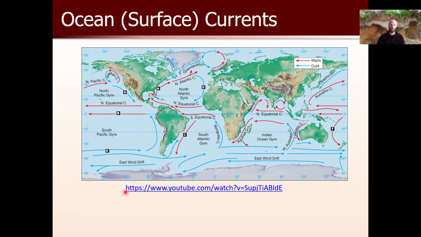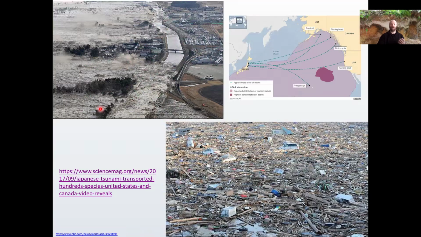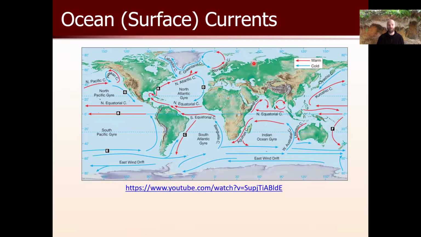Let's appreciate that there was a huge tsunami in Japan in 2011, and that was incredibly devastating. As that tsunami wave came on shore and did an incredible amount of destruction, that tsunami water retreated under incredible power and force, and it literally placed an incredible amount of debris, human waste in this case, cars, vehicles, buildings, everything out into the ocean, where it then gets caught in this North Pacific gyre.